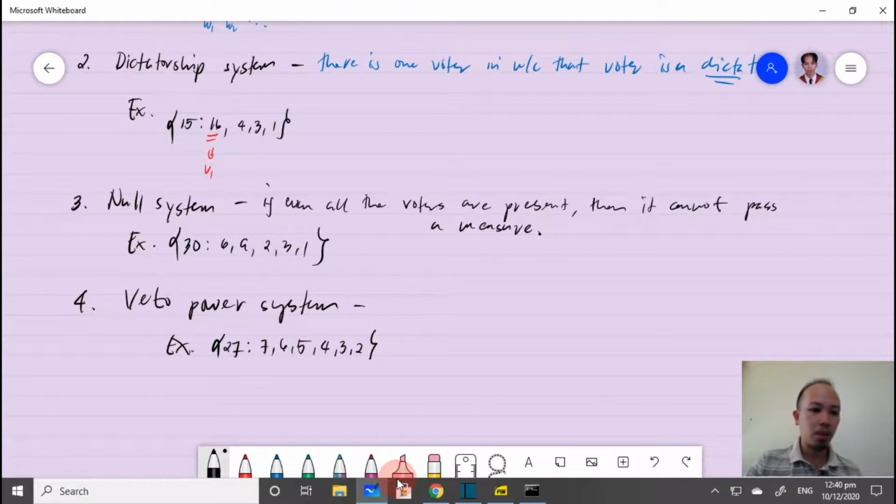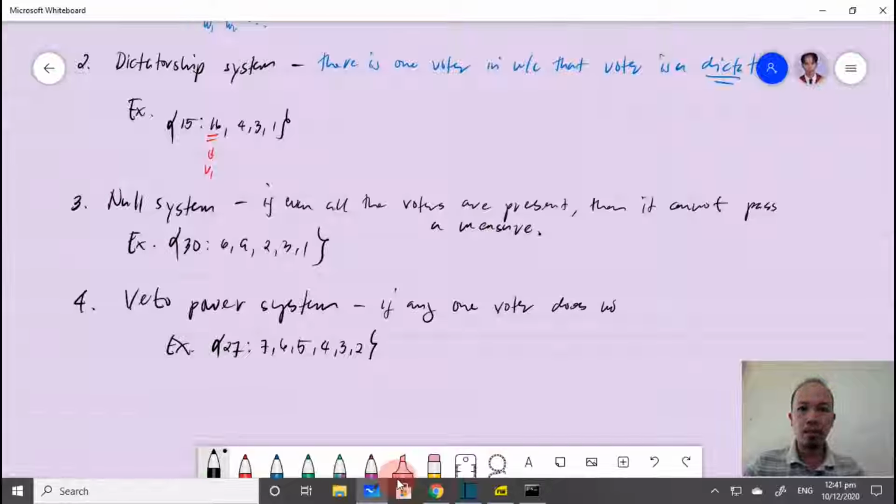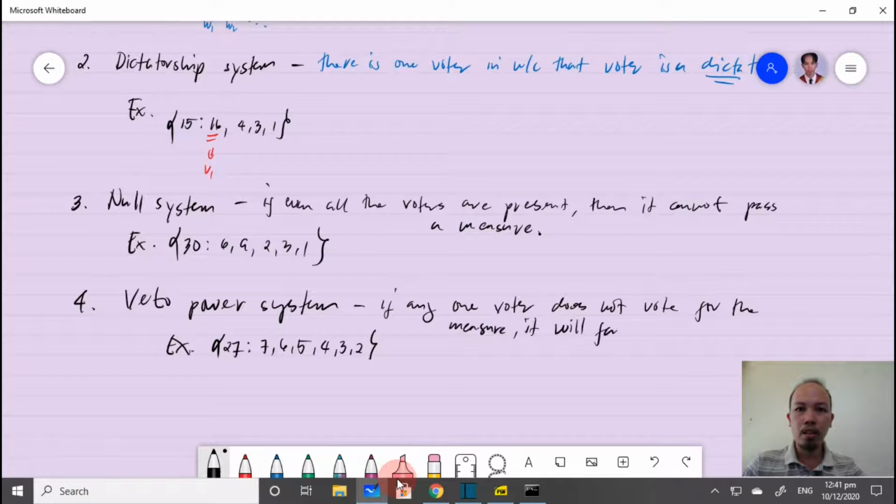So let's define this kind of system. If any one voter does not vote for the measure, it will fail.